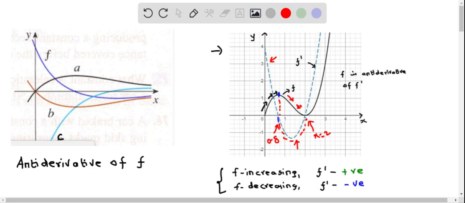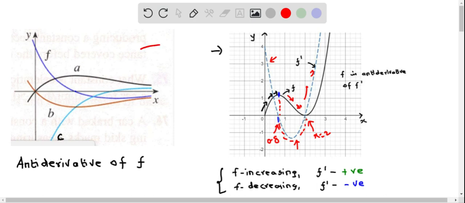At the same time, after x equal to 2, the graph of f starts increasing, which means its derivative has to be positive, which we can clearly see from here, above the x-axis. So this is the basic information which we should be familiar with when we try to find the graphs of f and its derivative.